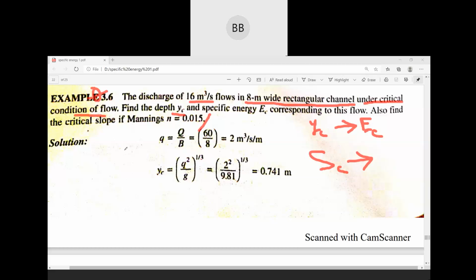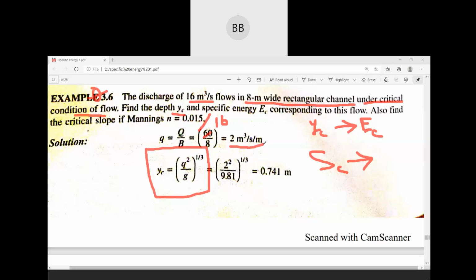So we all know that for a rectangular channel, the YC equation is q square divided by g, to the power 1 by 3. So again, q is equal to discharge divided by width of the channel. Discharge is also given. So it's not 60, it's 16, 1 6. Some printing mistake is there. It's 16 divided by 8.